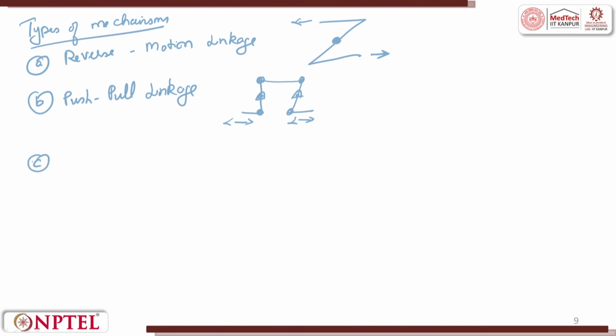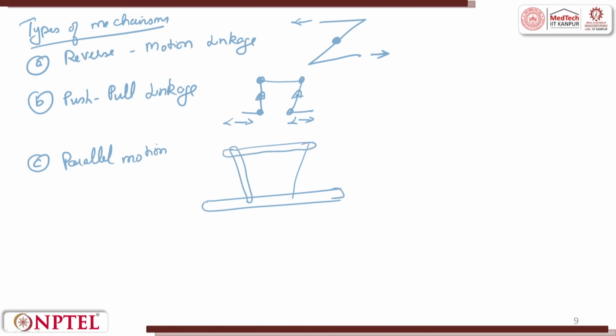The third one is you can have parallel motion linkage. In parallel motion linkage, let me draw the linkage itself so that you can understand. So, these are all the joints.